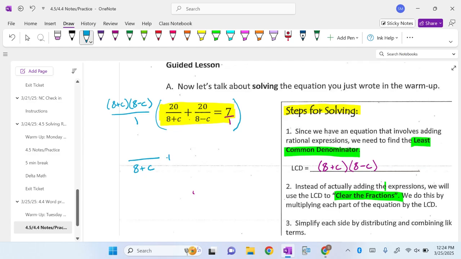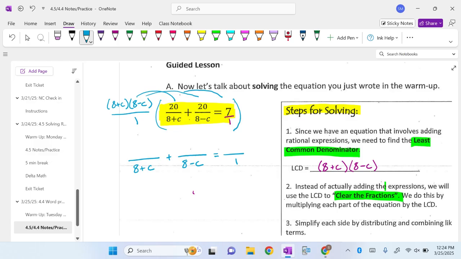So 8 plus C plus 8 minus C is equal to something over 1. And then we just distribute to all the other numerators, the 8 plus C times 8 minus C, but we don't actually do any foiling or distributing. We're just writing it out as a multiplication problem.